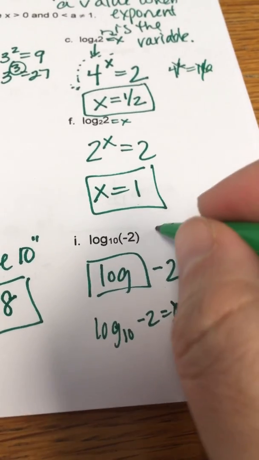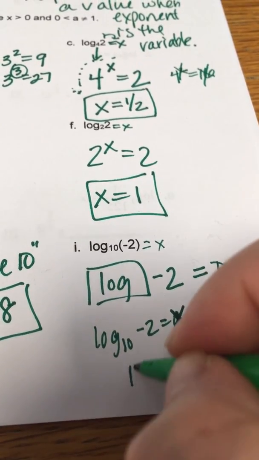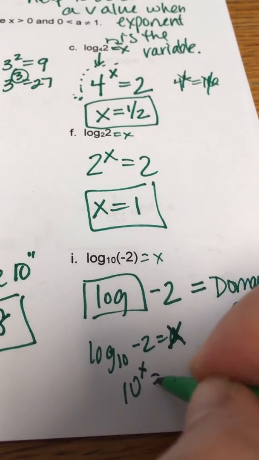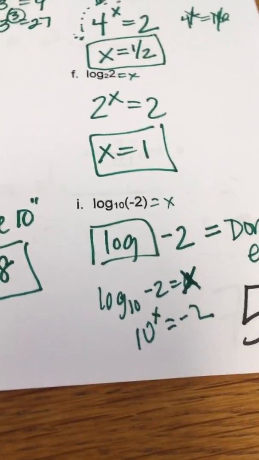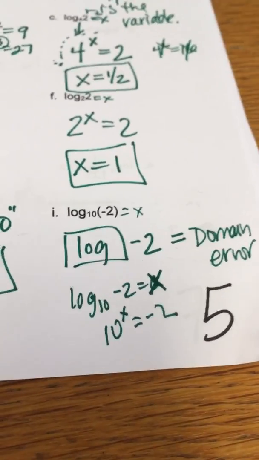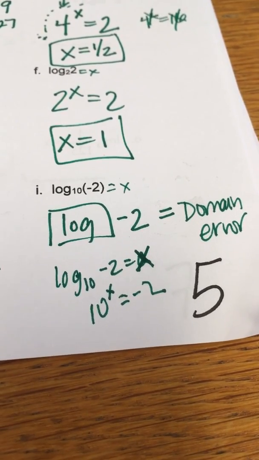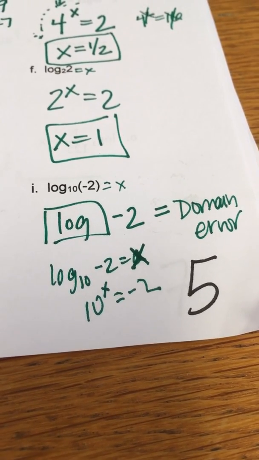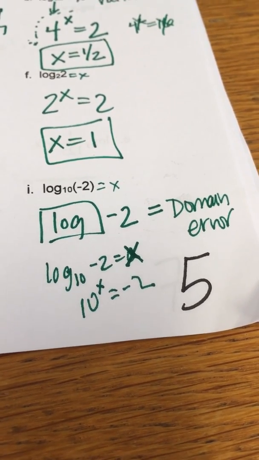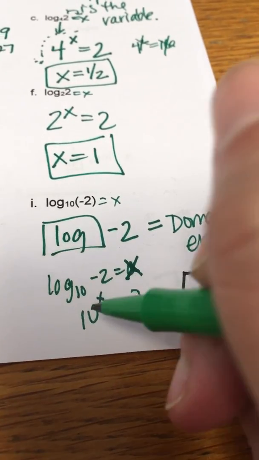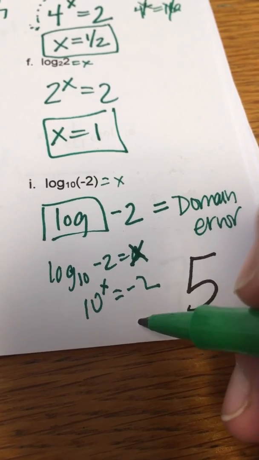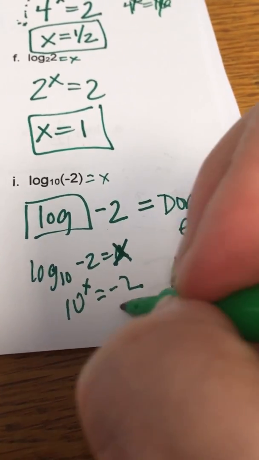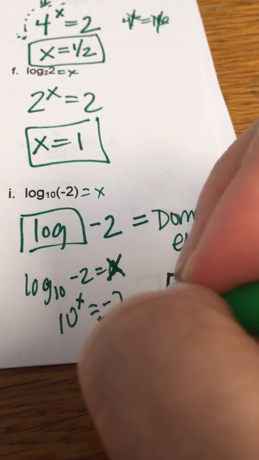If this is log base 10 and I set it equal to x and I switch around, 10 to what power is a negative? I can't make an exponent. Sorry, I can't make an exponent. Any of them work with 10 to make it a negative number. So I can make a really, really small decimal, but I cannot make it be a 0 and I cannot make it be a negative number. So this is no solution, does not exist type stuff.